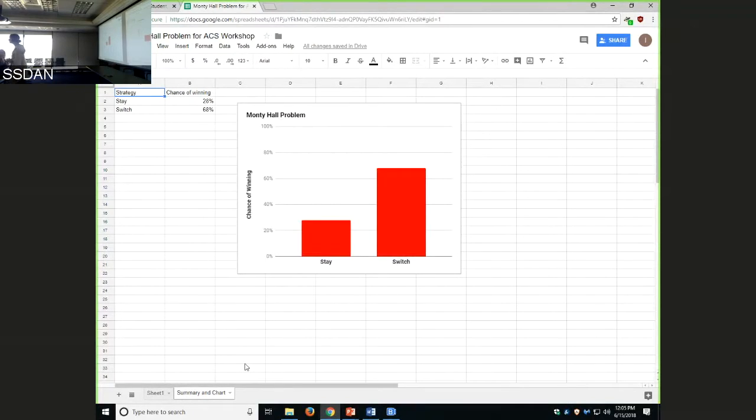Does anyone have any questions about why it's better to switch than to stay, how it changes the probability? Because it's not intuitive, and there was actually a big discussion in the newspaper about this. Marilyn, the genius woman who writes that column in the newspaper, wrote about how it's better to switch.